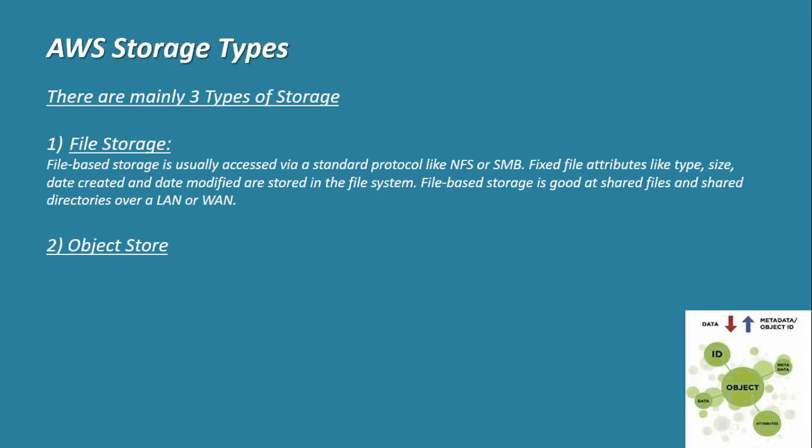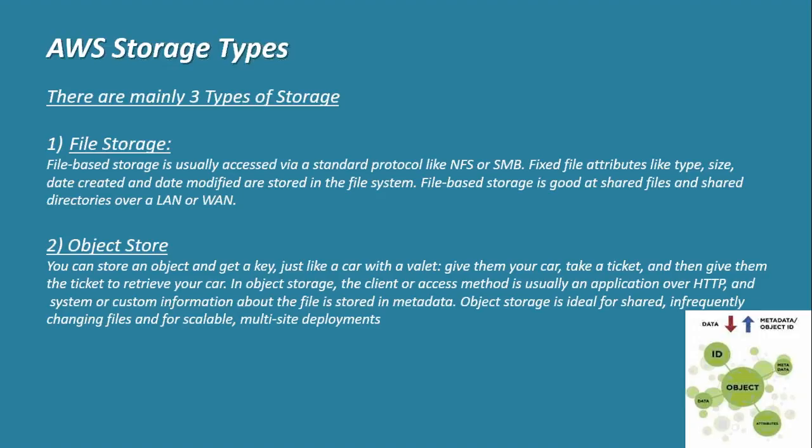The second one is object store. This is a newer one which is emerging in the market, where the data is accessed over the HTTP protocol. It is similar to storing a car and getting a key, and then giving them the ticket to retrieve the car.